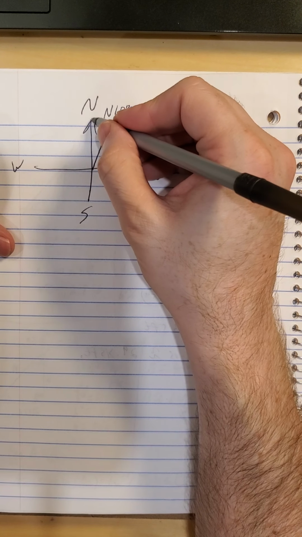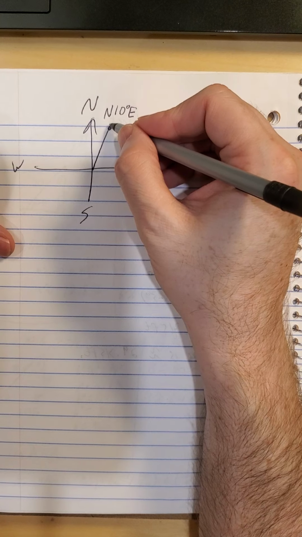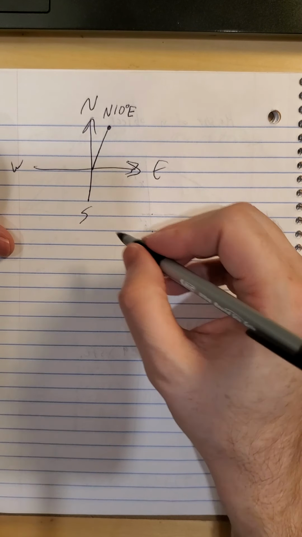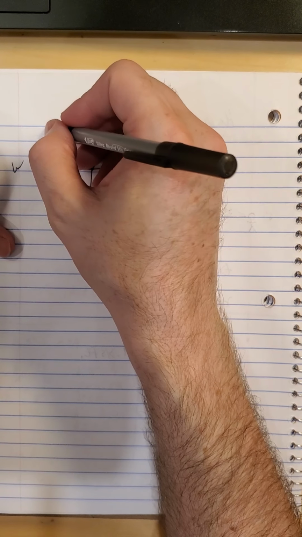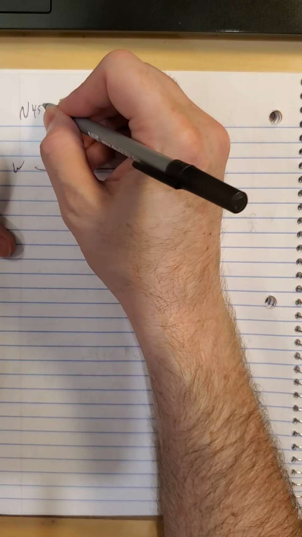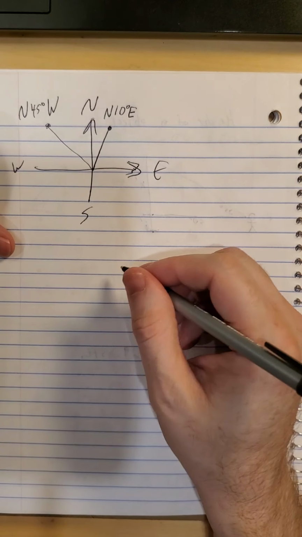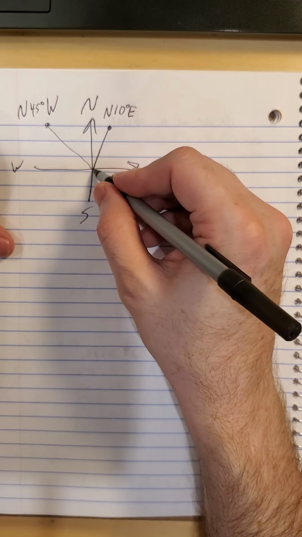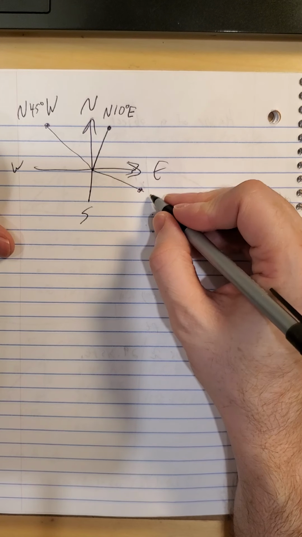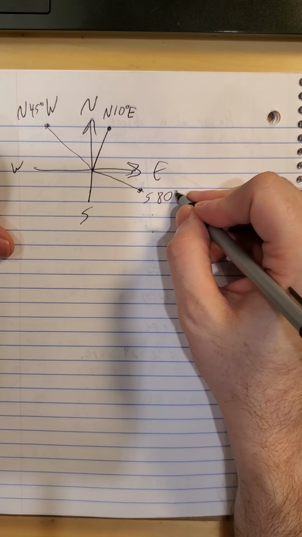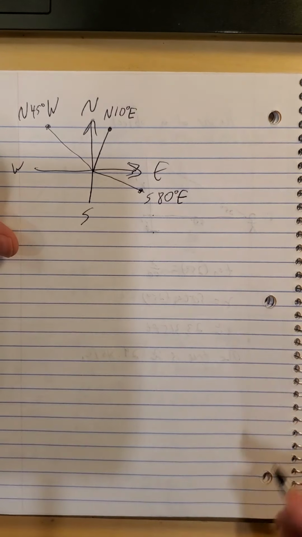So they're saying go north and spin it 10 degrees east. Or back here would be north 45 degrees west. Or something over here, I could say that this is south and then turn 80 degrees east.